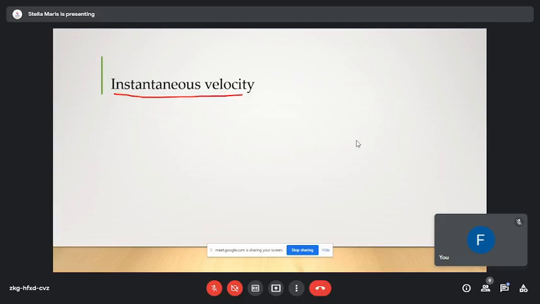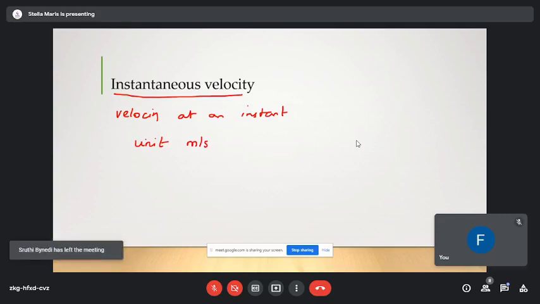Velocity at a particular instant of time, sir. Yes, velocity at an instant. Very good. And its unit is meter per second. Very good. Then the definition for instantaneous velocity.